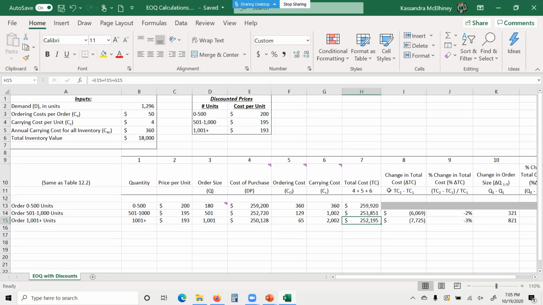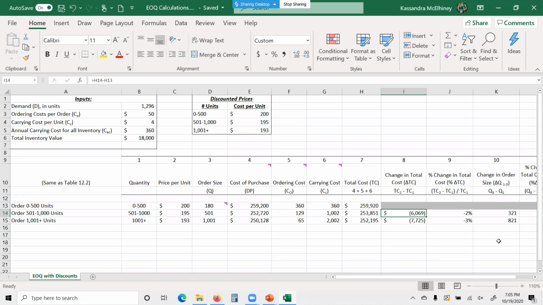So our next columns that we didn't deal with before, what's the change in our total cost? Well, that's calculated as taking the difference between the cost at $195 per unit versus the total cost of economic order quantity.